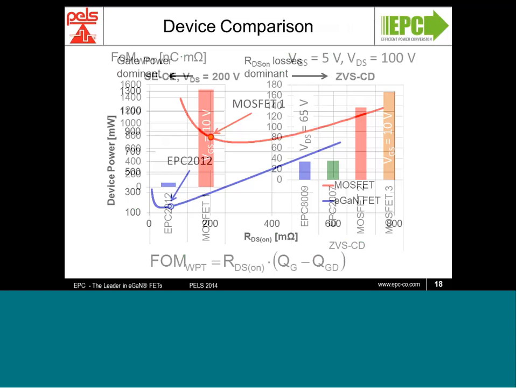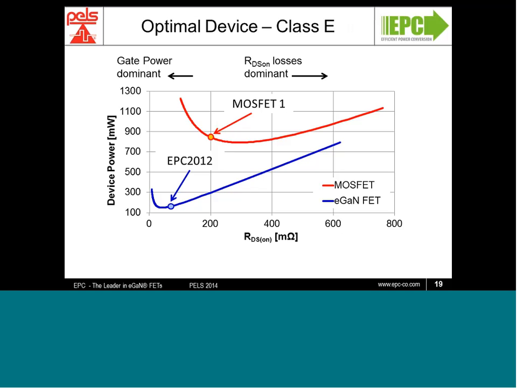Let's use this wireless power figure of merit to come up with an optimal device for the Class E amplifier based on a 30-watt wireless system into a load. And we can see here, using the figure of merit, we can then vary the on resistance for the device and calculate the anticipated device losses.